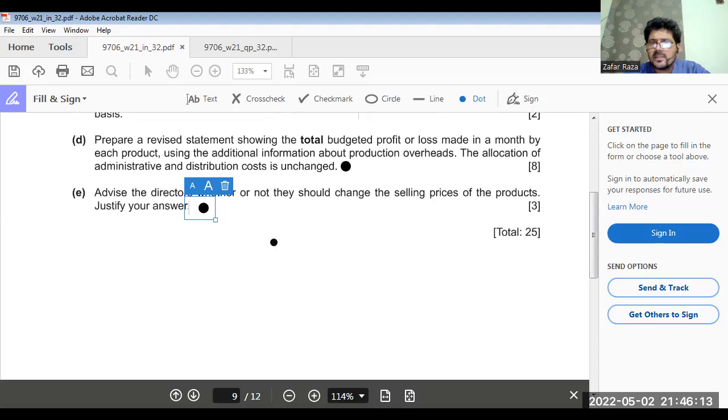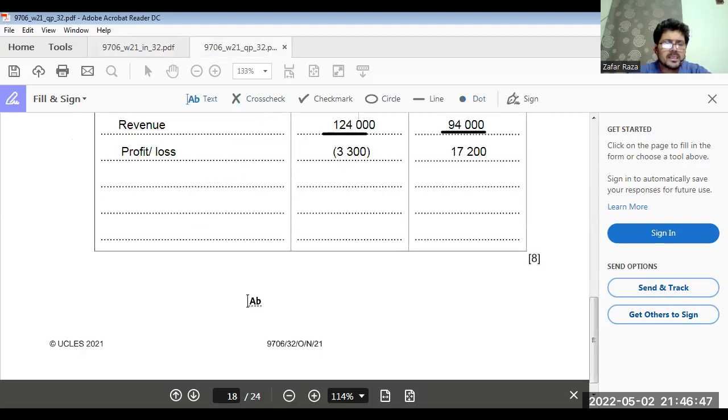In this case, when we talk about the change in selling price, activity-based costing is showing a loss in product A, which means the selling price of product A should be increased, but increasing the selling price would definitely affect the demand. So what about B? B's price should not be changed. It's at the best price. Now the second thing is administrative overheads are not divided between the two products on a fair basis, but on an unrealistic basis. So there is always room for improvement.